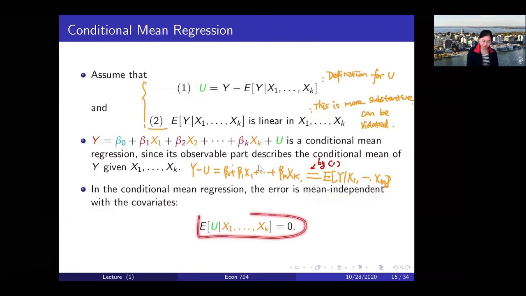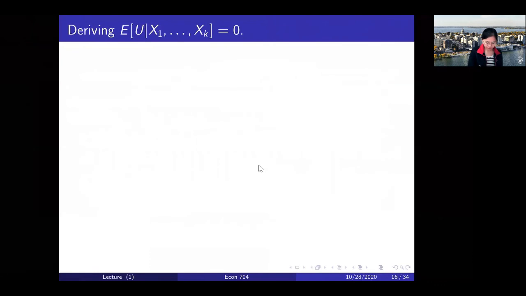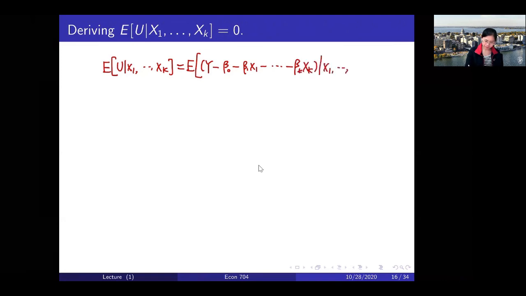So how do we know that this is true for the conditional mean model? We can derive that from assumptions 1 and 2 that we made. To derive that, we can write E(u given x1 to xk) equals E(y minus beta 0 minus beta 1 x1 minus ... minus beta k xk, given x1 to xk).